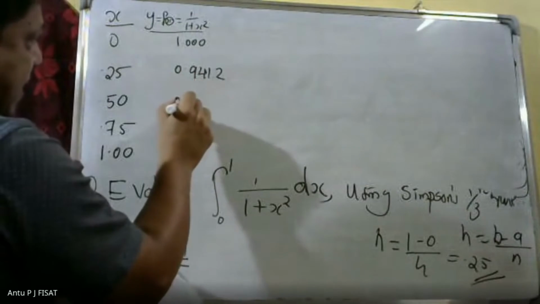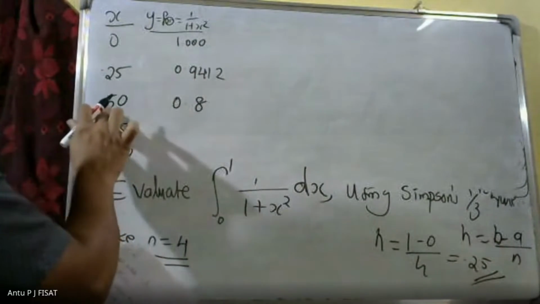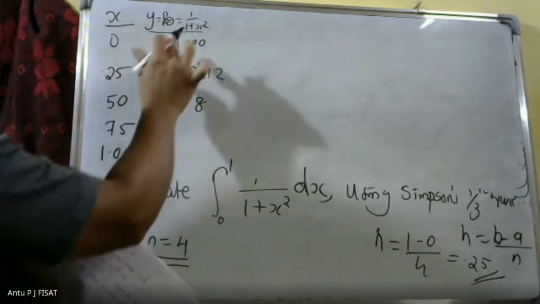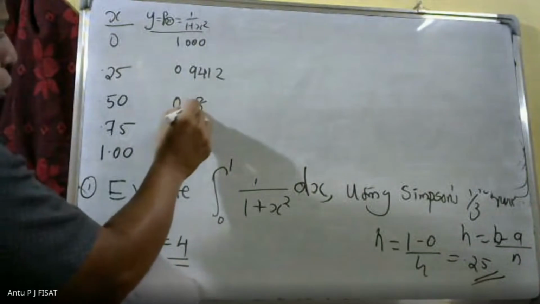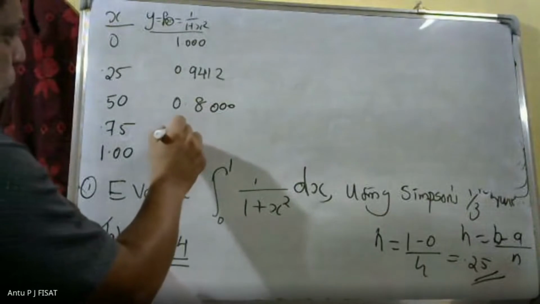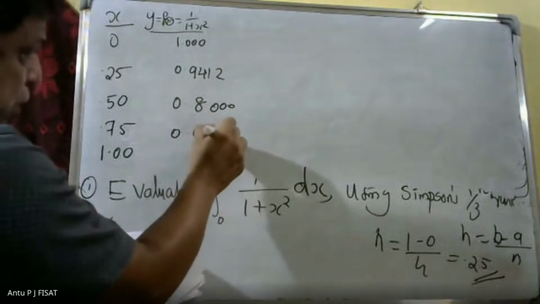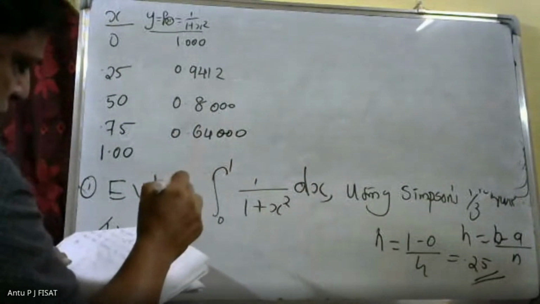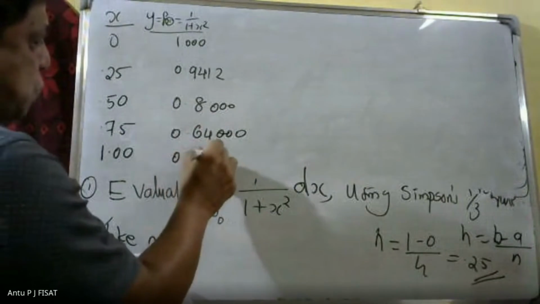The next value will be 0.8. When we put x is equal to 0.5, 1 by 1 plus x square will be 0.80. Next value 0.6400. Next value 0.500.